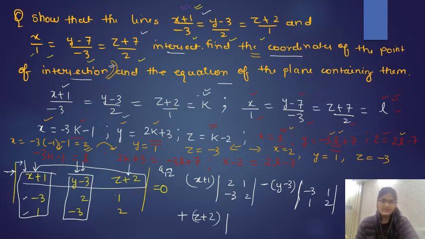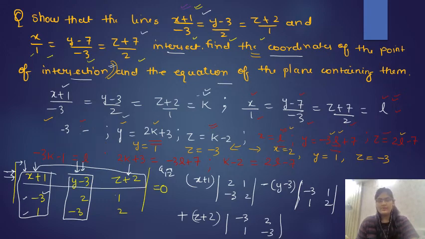If you hide this column and this row, what have you got? Minus 3, 1, 2, minus 3, correct? Now solve this. We have to create some space, right? Try solving it and we'll match the values which we've got.